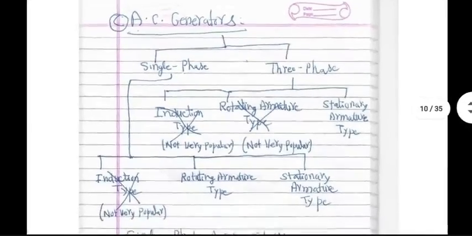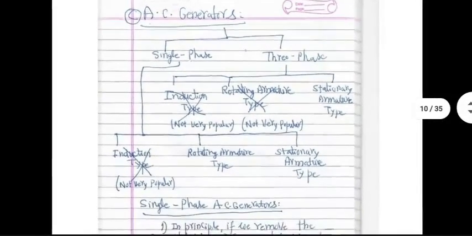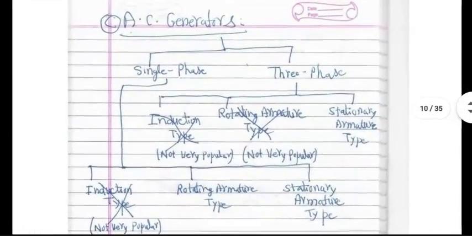What are the types of AC generators? One way to classify them is single phase versus three phase. And under single phase, you can have either rotating armature, that means a conventional construction that we saw for DC generators.